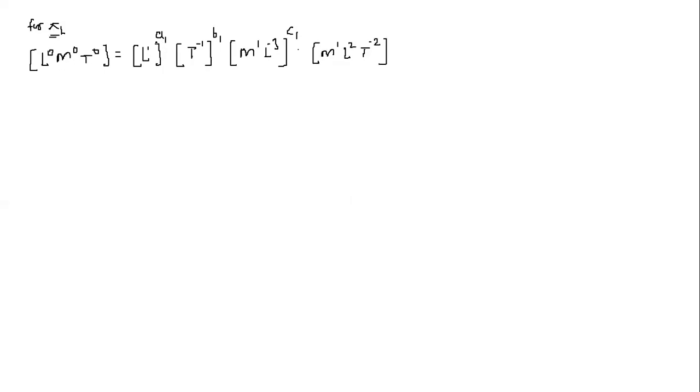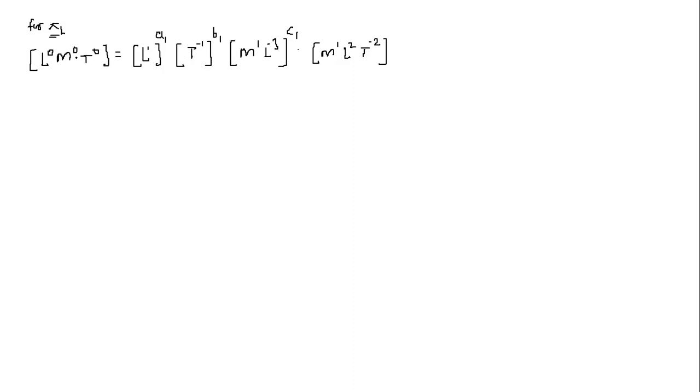Now what do we have to do? We have to compare the powers of l, m, and t to get the values of the constants a1, b1, and c1. Sorry, by equating, we have to find the values of a1, b1, and c1 from the given powers of l, m, t.